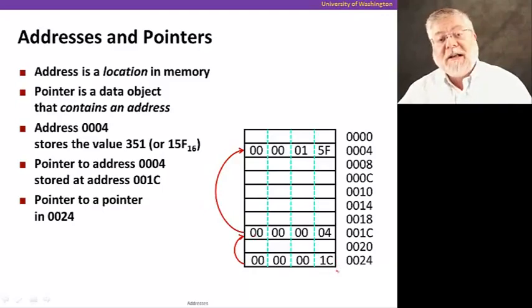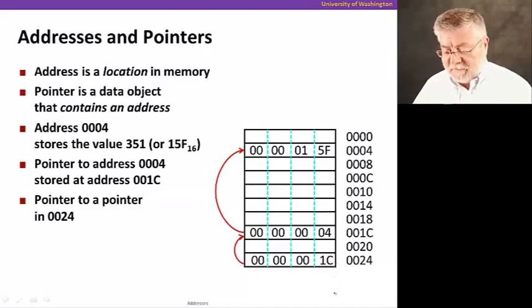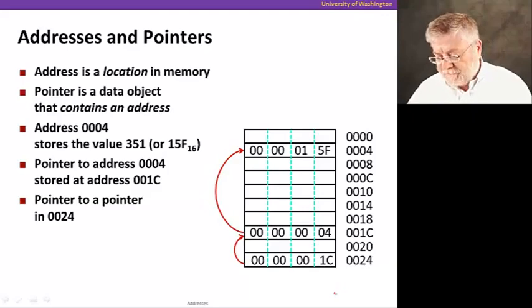If I had interpreted it as just a number, what number would it be? It would be the hex number 1C, which is 16 plus 12, or 28 decimal, and not an address.